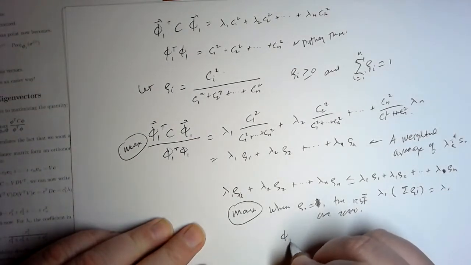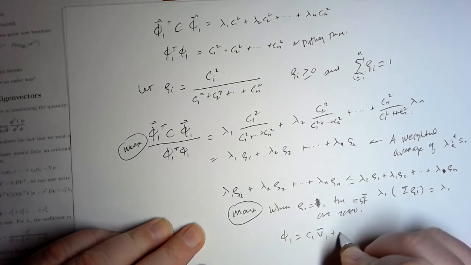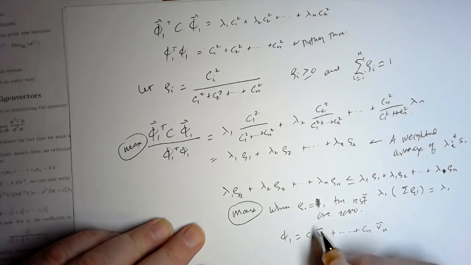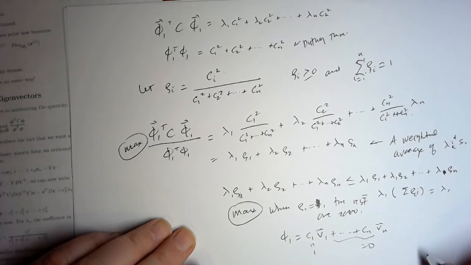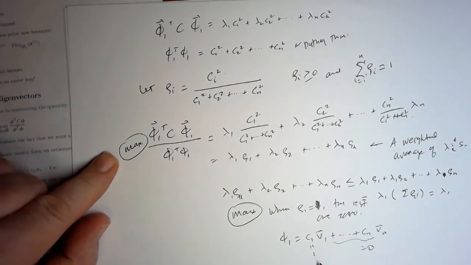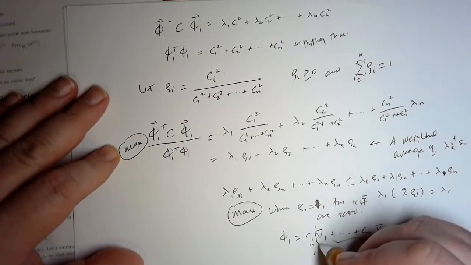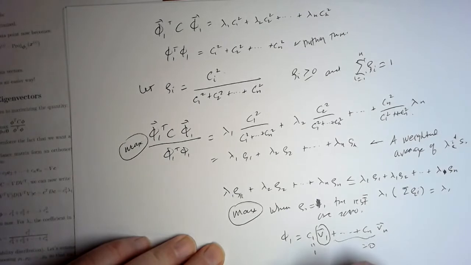Now remember that phi1 was equal to C1 V1 plus up to Cn Vn. So if C1 is equal to 1 and the rest are equal to 0, are you ready? What is the direction that maximizes this quantity? Here it is. V1 is the direction, or the vector, that maximizes phi1 transpose C phi1 divided by phi1 transpose phi1.